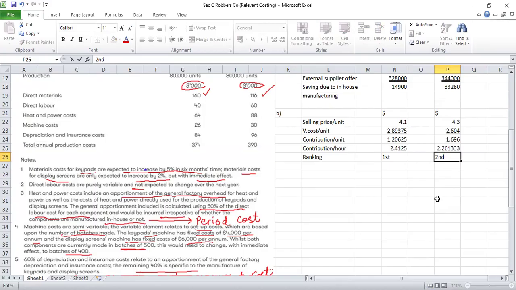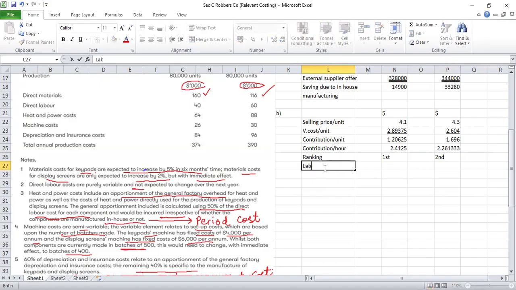We have available hours of 100,000. So we will use our available hours for the higher contribution generating product. How many labor hours are we using?